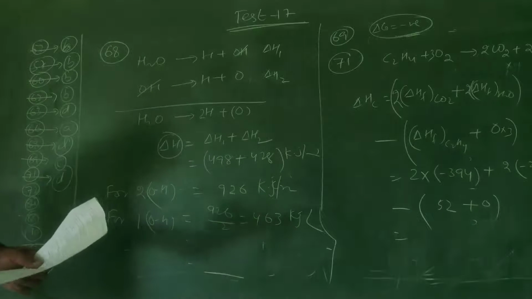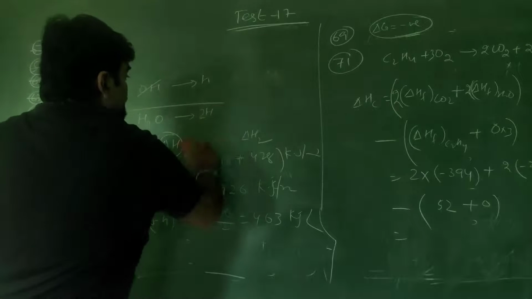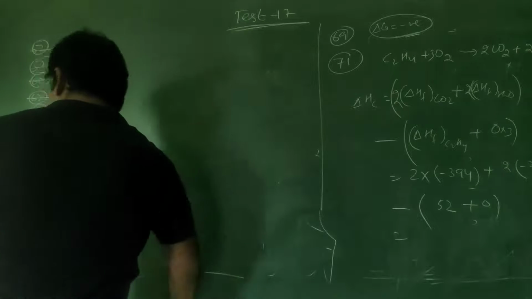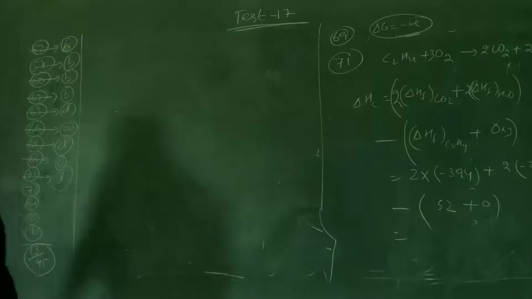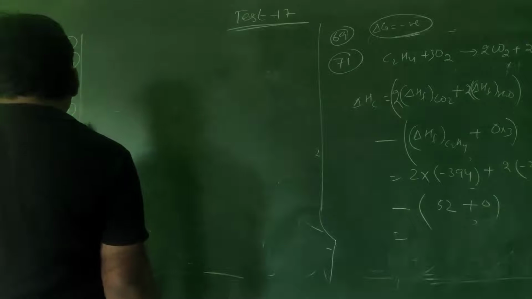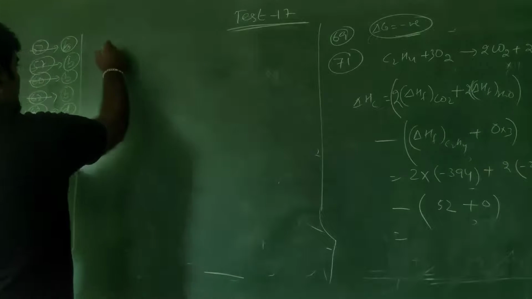Now we will go for question number 72. The enthalpy and entropy change for a chemical reaction is given. Predict whether the nature of the reaction will be spontaneous or not.